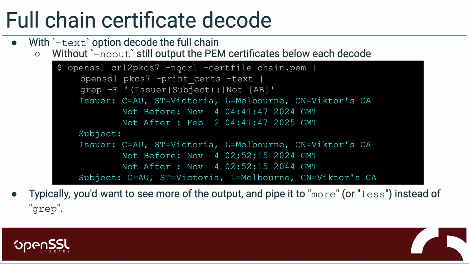So we get to see that my chain file has the 90-day certificate first, the one that expires on February 2nd of '25, and then has the 20-year certificate second, as expected. And they have the expected issuer and subject names. The subject name of the identity certificate is blank. Typically, you'd want to see more of the output. You'd pipe it to more or less or whatever, or even save it to a file.